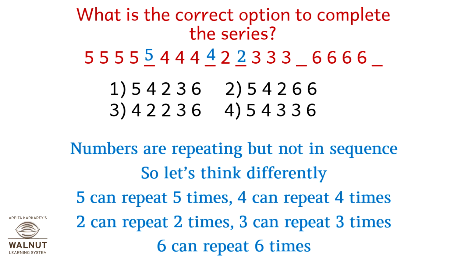Put that in. 3 can repeat 3 times. 6 can repeat how many times? 6 times. Right. And do we have an option for that? Of course we do. Option number 2. Hooray! That was a cool way of thinking, don't you think? Let's move ahead.